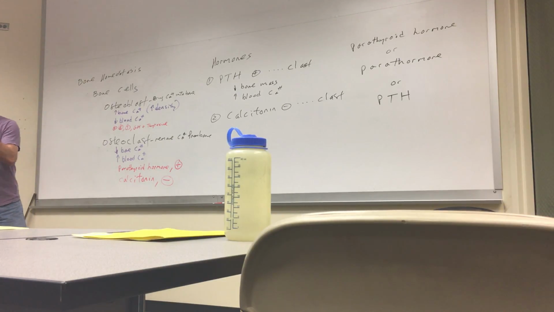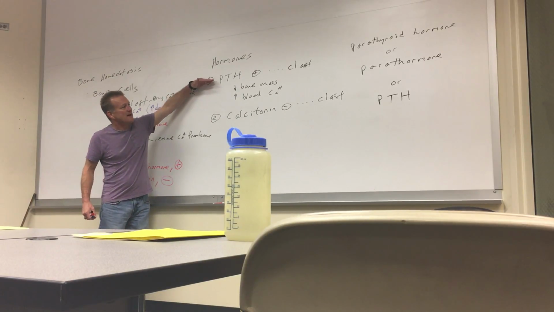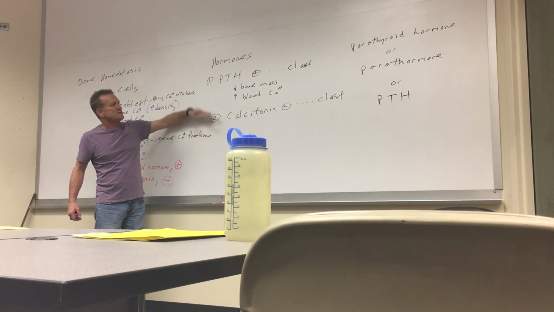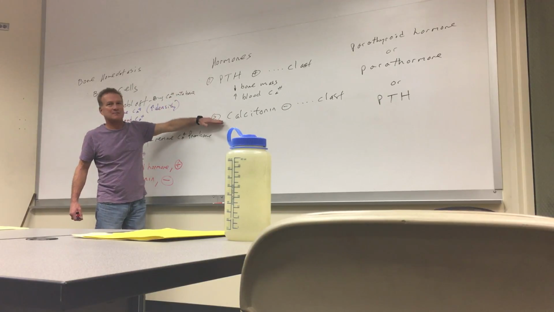Your goal is to not be tricked. So parathyroid hormone stimulates the osteoclast, calcitonin inhibits the osteoclast. Therefore, these two hormones do the opposite thing to the osteoclast. True or false? True. One stimulates the clast, one inhibits the clast. They do the opposite thing to the osteoclast.